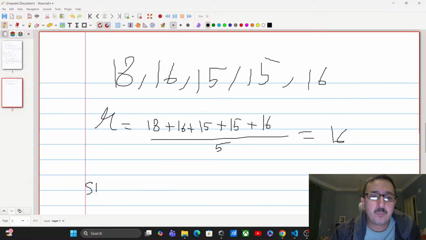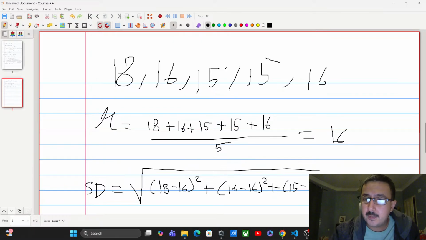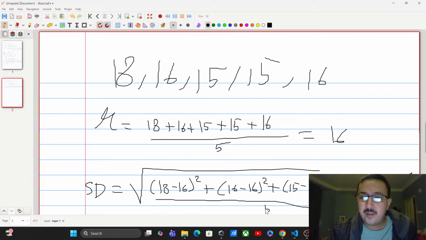So we got SD equal 18 minus 16 squared plus 16 minus 16 squared plus 15 minus 16 squared plus 15 again minus 16 squared plus 16 minus 16 squared. Got 16 twice. All over 5.